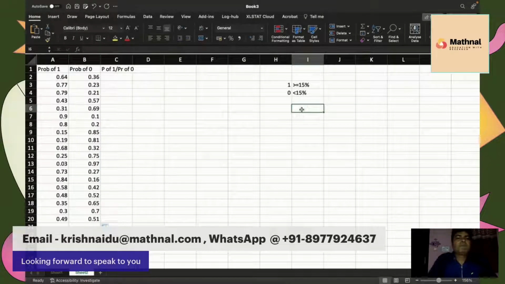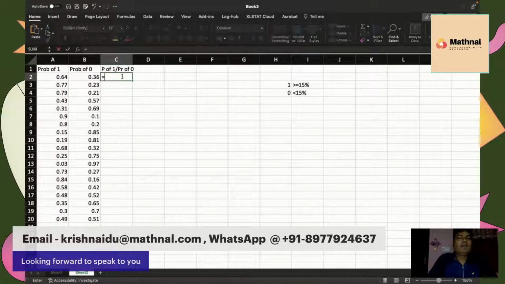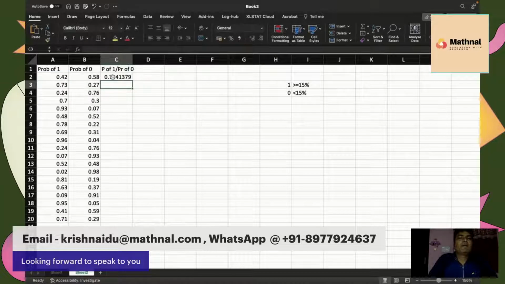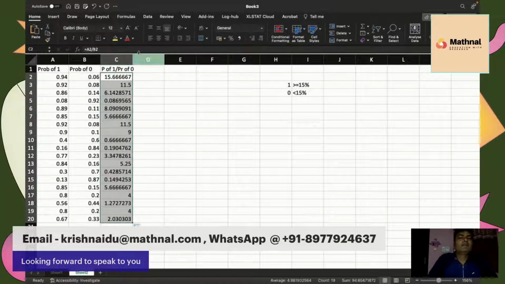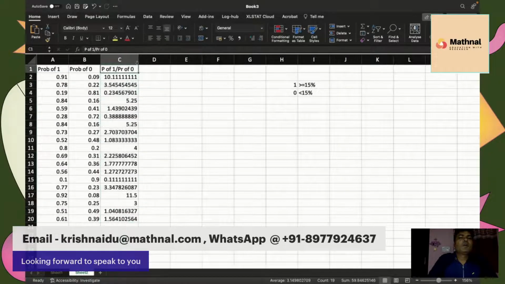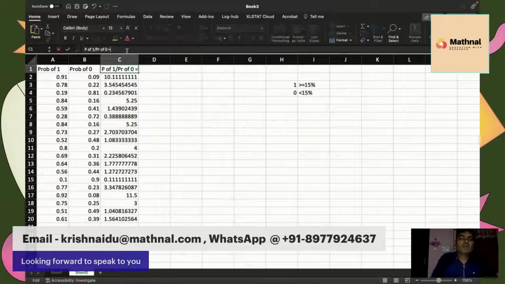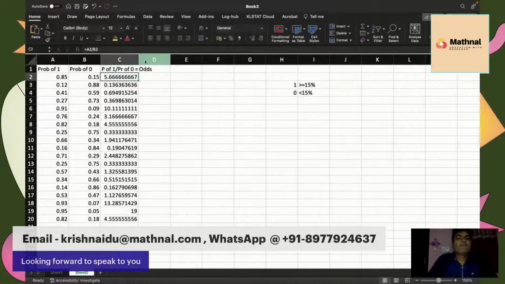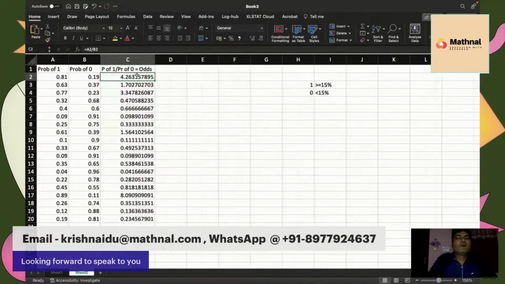So what is probability of 1 divided by probability of 0? We just divide these, right? And this function, probability of 1 divided by probability of 0, is called odds.